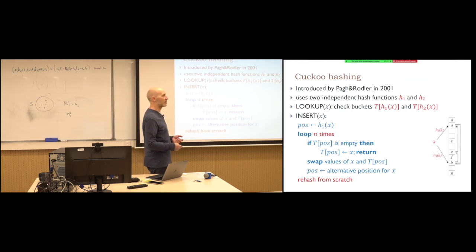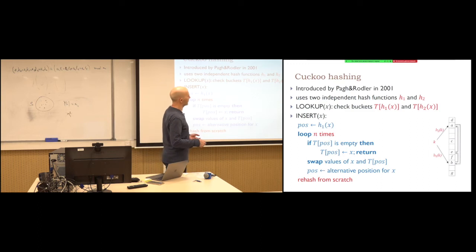So each object will correspond to an edge, and each location in the hash table will correspond to a node in the graph. So nodes in my graph will be locations, and edges will be objects, because each object covers two locations, right?